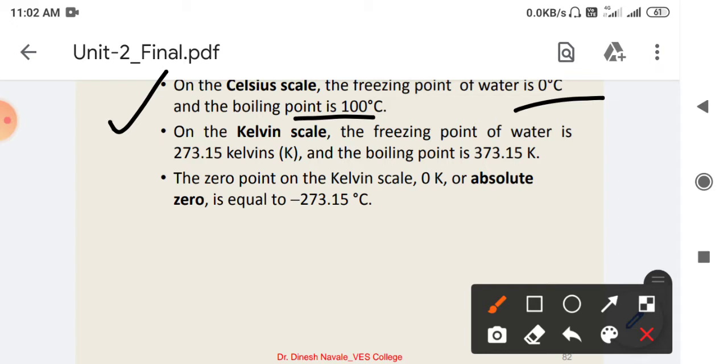So on the Kelvin scale, 0 degree centigrade means 273.15 Kelvin, and the boiling point is 373.15 Kelvin.